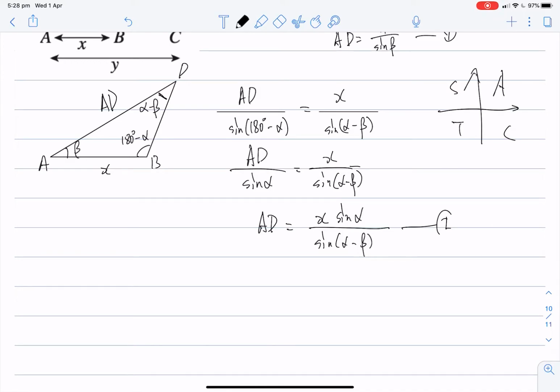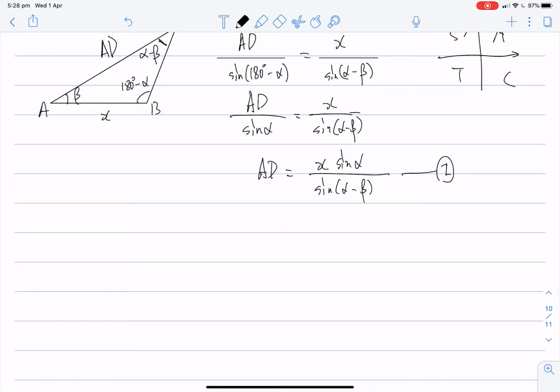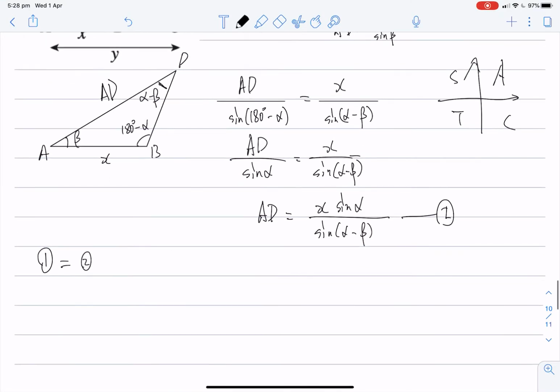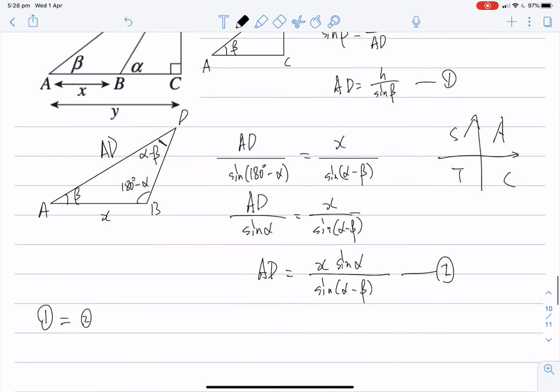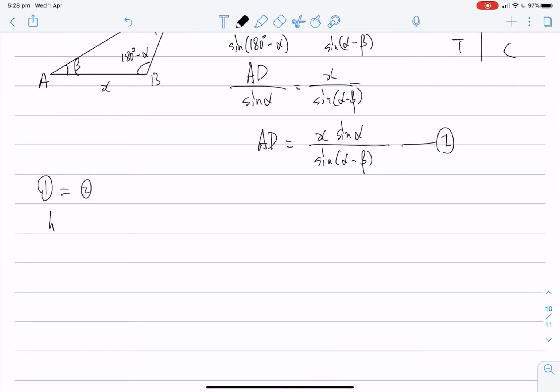This is equation 2. We can make equation 1 equal to equation 2. AD is common, so h over sine beta equals x sine alpha over sine of alpha minus beta.